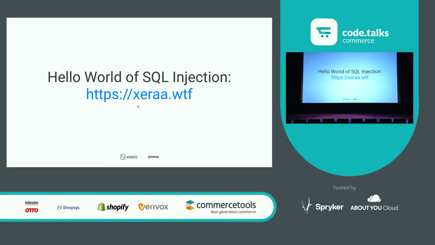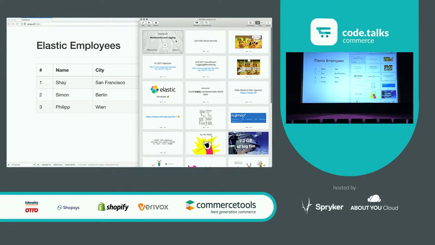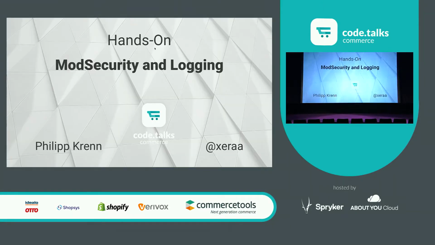So I'm using this name and then WTF, because WTF is the right domain for any demo. Did anybody figure out why I'm using this as my Twitter handle and my domain here? Let's see. It has something to do with my last name. Anybody sees it? Just to get you thinking. Does anybody remember ROT13?